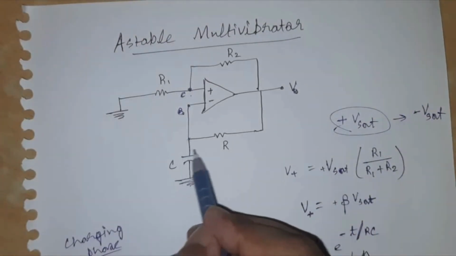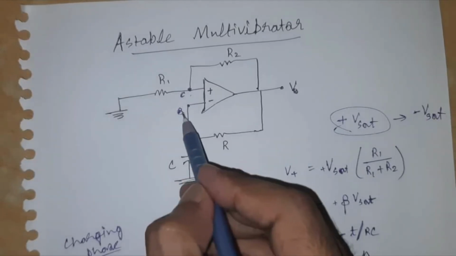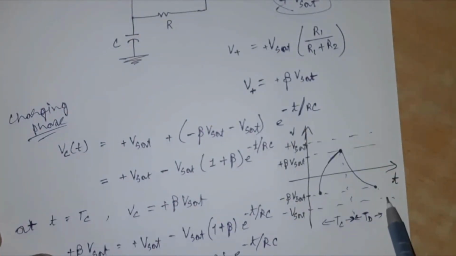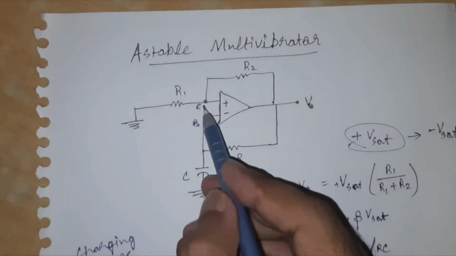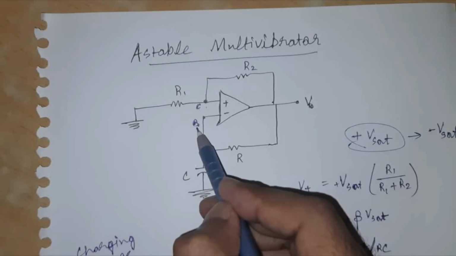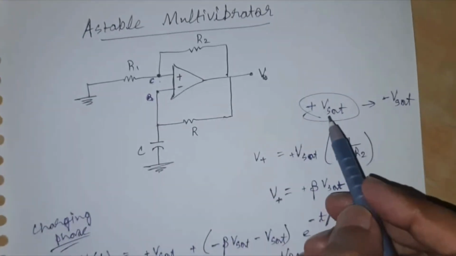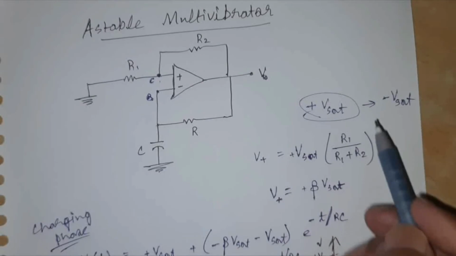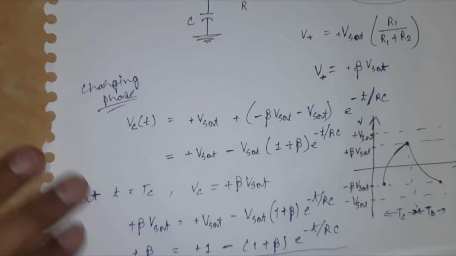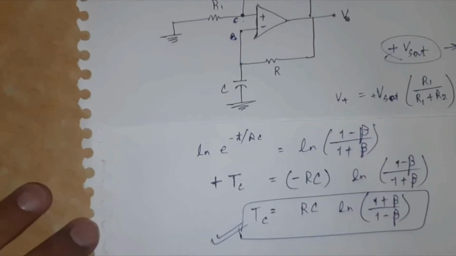So when the value of voltage across this capacitor, or Vb, comes below minus beta Vsat, automatically Vc will be at a higher potential than this Vb. So again the voltage transitions from minus Vsat to plus Vsat. So moving on with the analysis of the discharging phase.